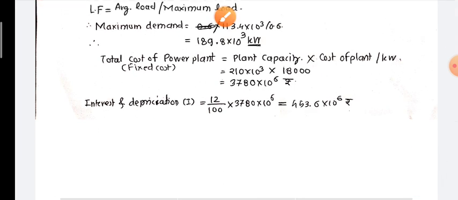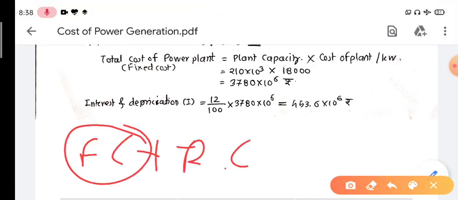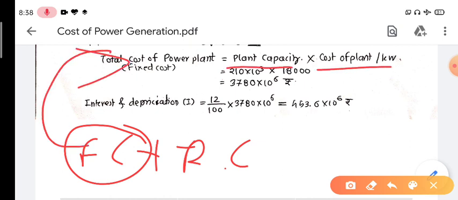Total cost of the power plant is the fixed cost plus running cost. Fixed cost can be calculated as plant capacity multiplied by cost of plant per kilowatt. Plant capacity is 210 into 10 raised to 3 kilowatt into 18,000 rupees. So it will be 3780 into 10 raised to 6 rupees. This is the fixed cost.